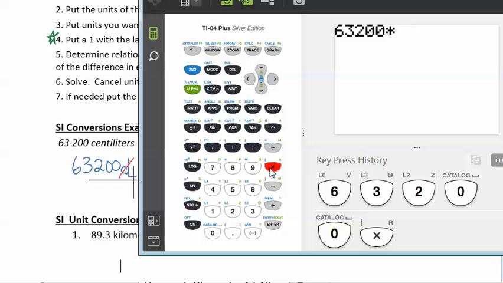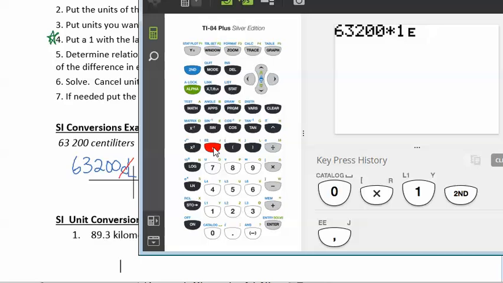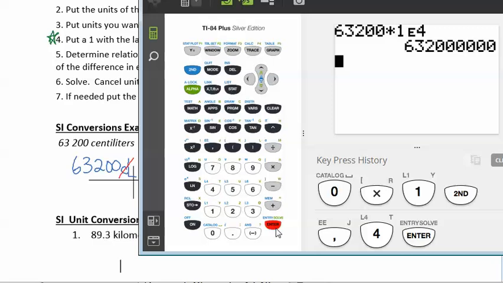The way that I usually use that requires the least number of buttons is starting off with 1, second E. This second E, or second comma button, brings up this capital E, which represents the times 10 with the little caret to whatever exponent you want. So we have 1 times 10 to the 4th, so all I have to do is 1E4, and then I can solve, and it'll give me my answer.